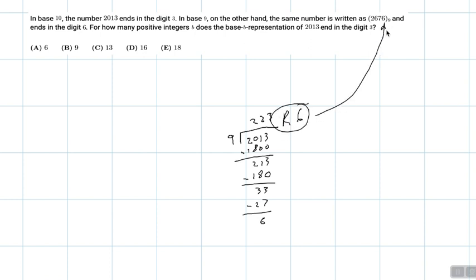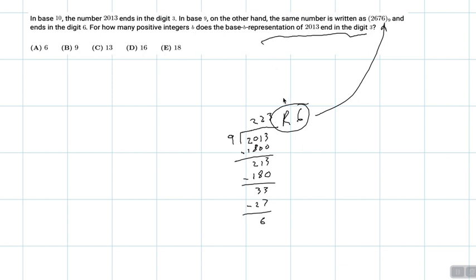That checks out because the last digit there is 6. The remainder that we get when we divide 2013 by 9 is the digit that the base 9 representation will end in.